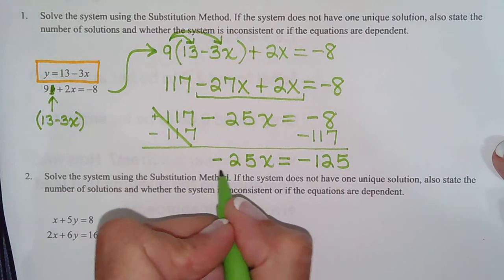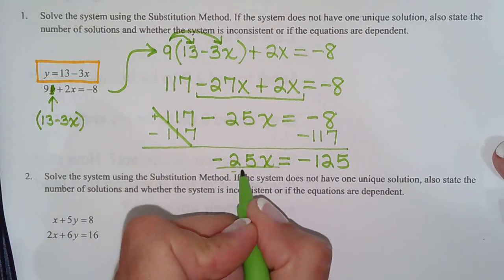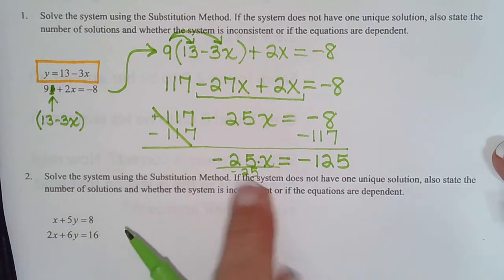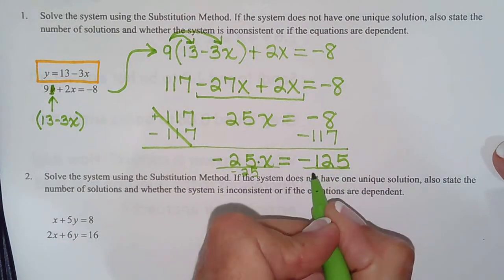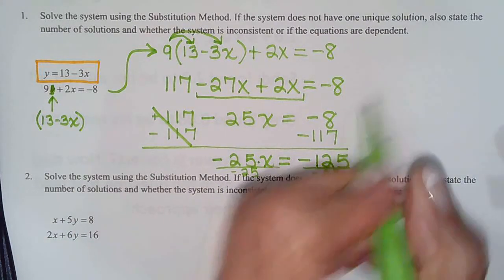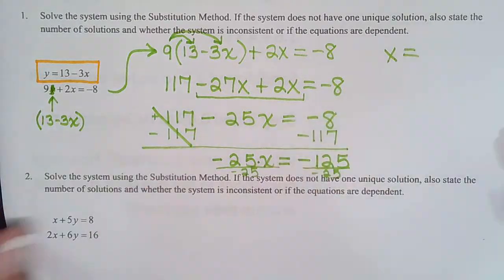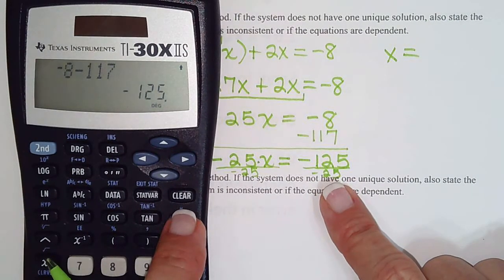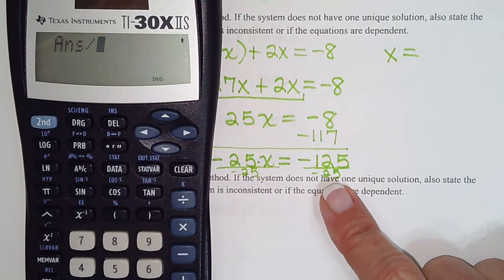And then to find x, we divide both sides. We do the opposite of times negative 25, which is divide by negative 25. And we get x equals, so we have negative 125 already in the calculator. Then we just hit divided by negative 25, and we get 5.